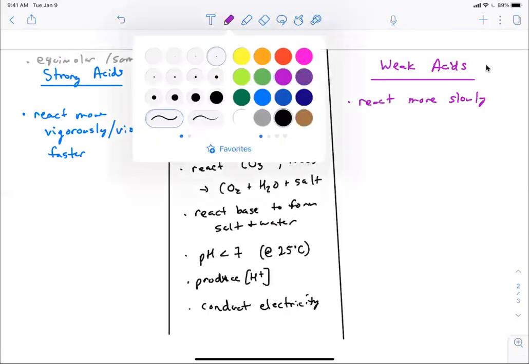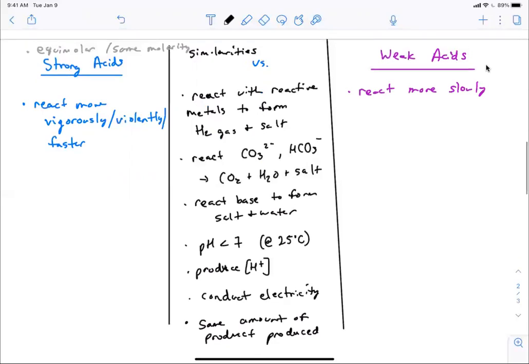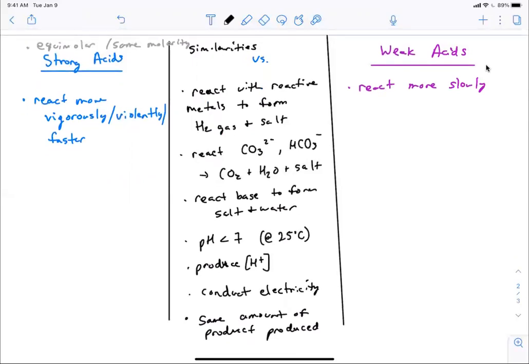Oh, let me add one more thing to the similarity. Okay, the same amount of product is produced whether it's a strong acid or a weak acid. It just takes a longer time.